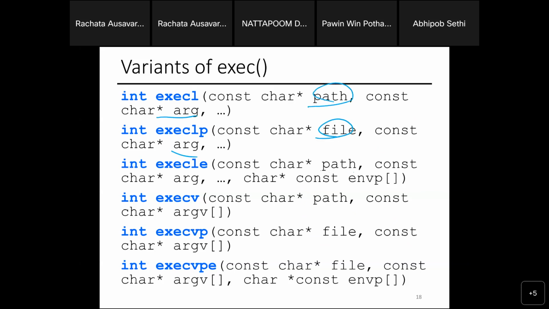You can also have the path, the argument, and the environment variable here. You can also put the argument as an array here, see, it's a pointer. So each of these versions gives you the ability to pass in different types of arguments, or handle a path or file.